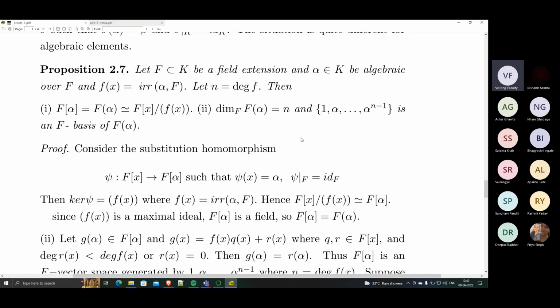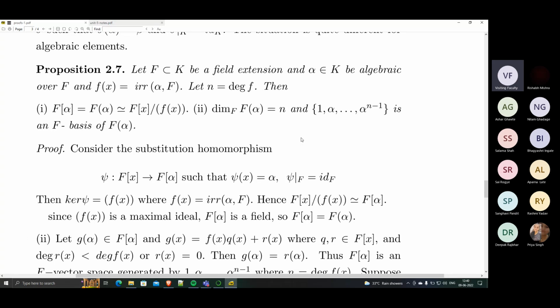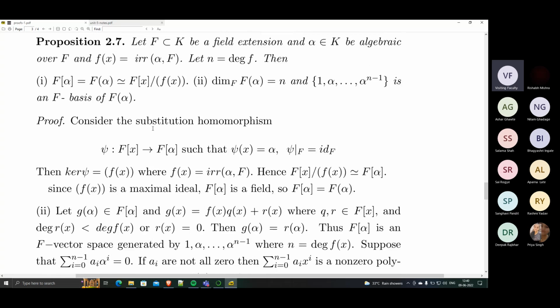Okay, so now consider the homomorphism called the substitution homomorphism, which takes any polynomial in F[x] and substitutes x equal to alpha. That is an element in F(alpha), right? So psi of x is equal to alpha, extended linearly to all polynomials, and psi of identity is identity. And further, what do you note here?